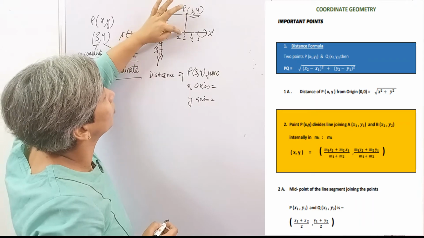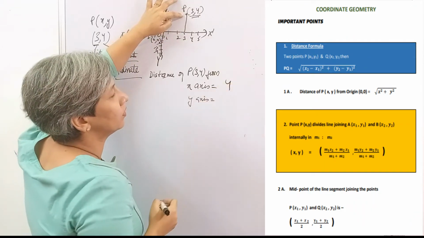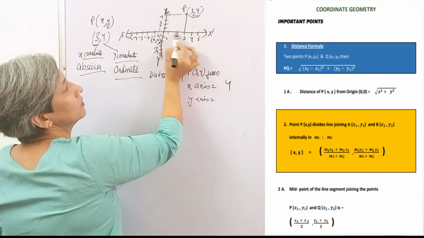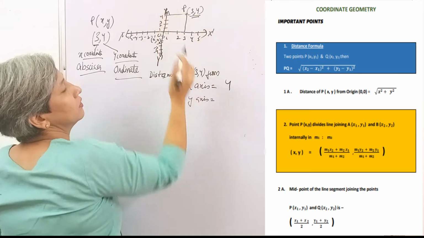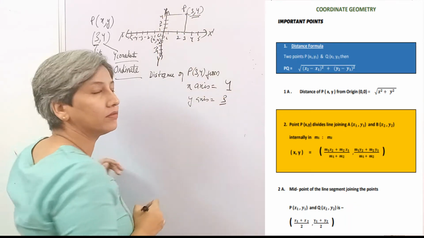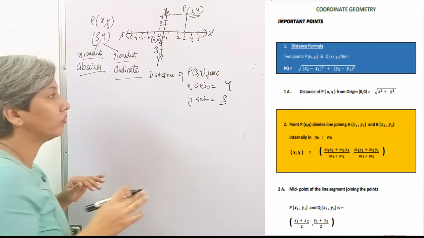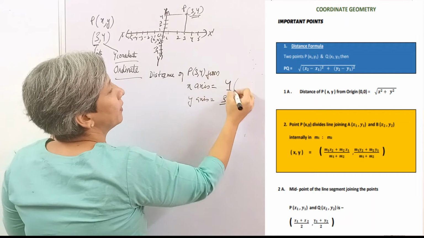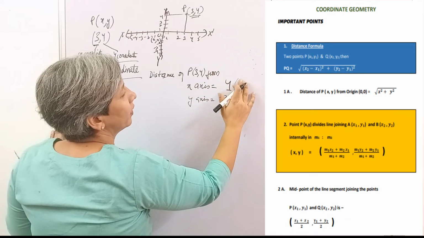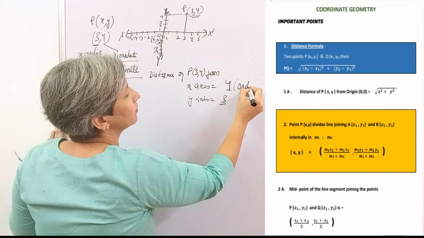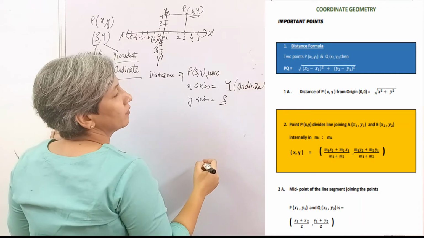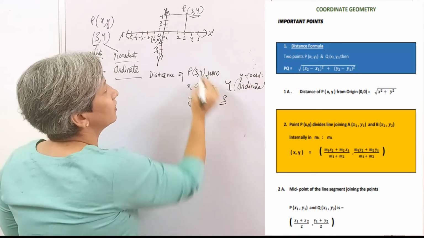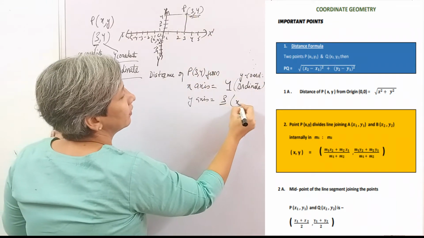So the distance of P from the x-axis is 4, and in the same way the distance of P from the y-axis is this much, which is 3. If you see it carefully, the x-axis distance, which is 4, is nothing but my y coordinate or ordinate, and 3 is my x coordinate.